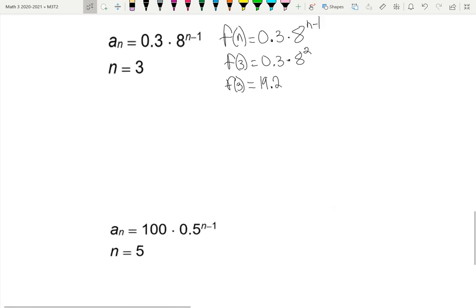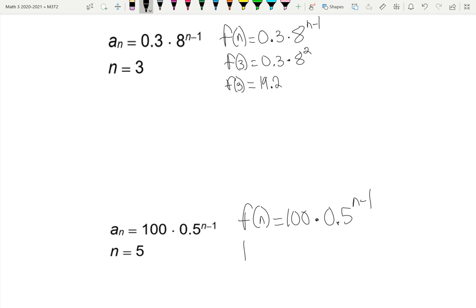To finish this up, I'm going to go ahead and rewrite this last example as a function. f of n is equal to 100 times 0.5 to the n minus 1. The value of n in this situation is 5. So I'm going to do 100 times 0.5 to the 5 minus 1, which is 4.